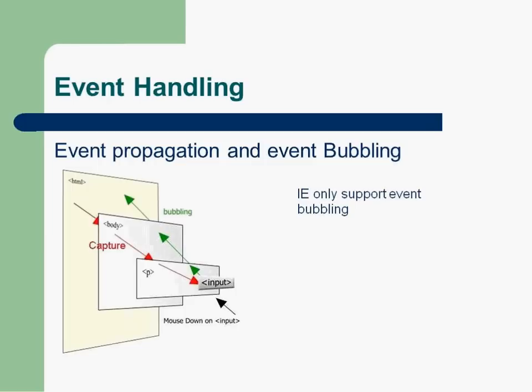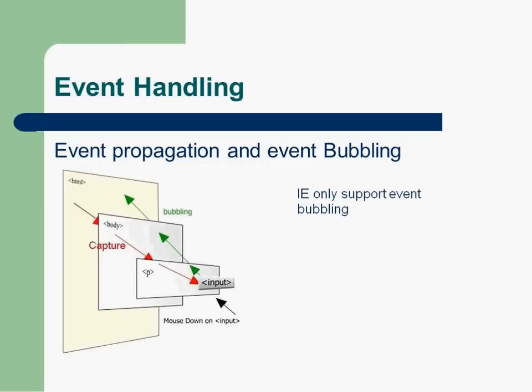So you may want to handle the event at any level, no matter where exactly it happened, whether on the HTML level or inside the input box. Based upon your application, you need to handle it at the right level.